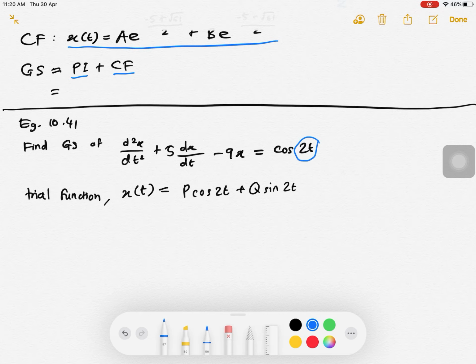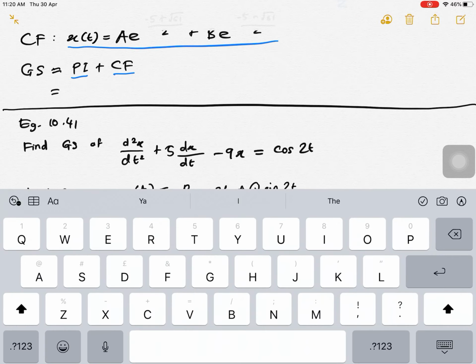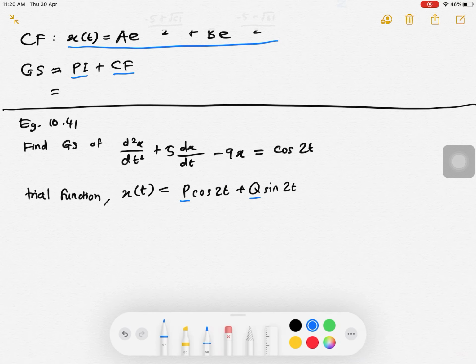It depends on what is inside the cos, so we use the same value, and we have two unknown parameters that we need to find.